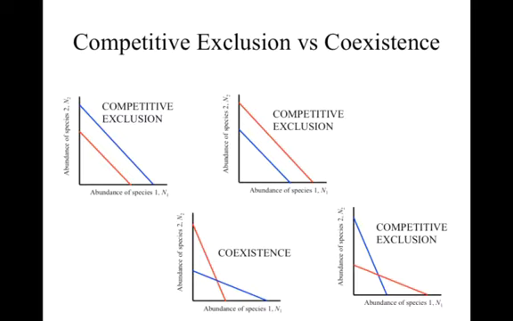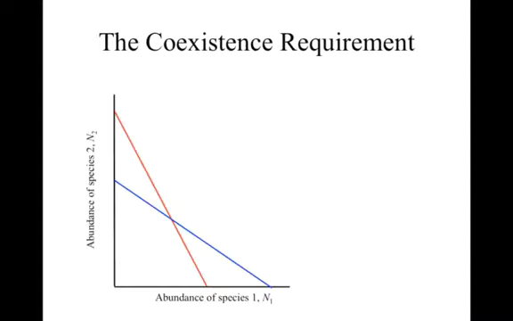And the final one we did, where the isoclines do intersect, also gives us competitive exclusion with either species winning. The only case where we get coexistence is where the 2 isoclines intersect, but where the species 1 isocline lies above species 2 on the species 2 axis, and the species 2 isocline lies above the species 1 isocline on the species 1 axis. That's the only case we get coexistence.